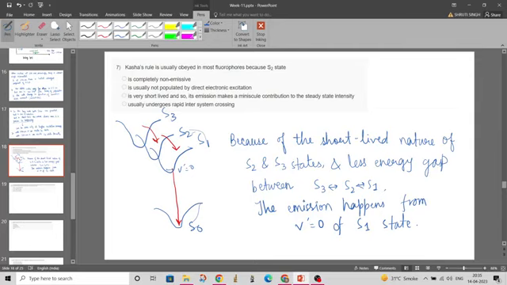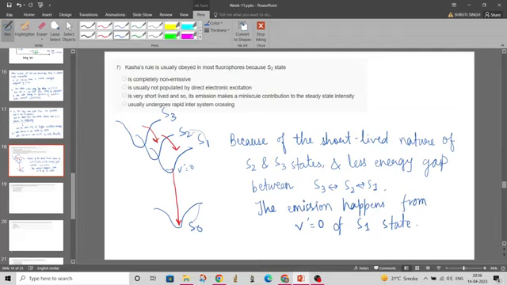Okay, so to answer this question, Kasha's rule first of all says that the emission spectrum is the mirror image of the absorption spectrum, and we get emission from the lowest vibrational level of the S1 state.